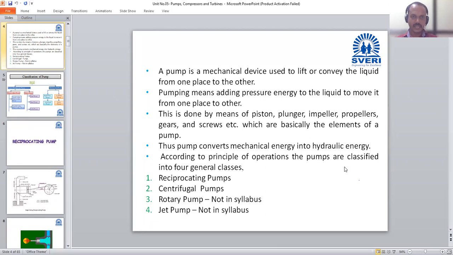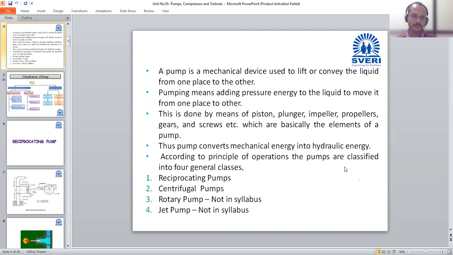A pump is a mechanical device used to lift or convey the liquid from one place to the other. This is the first sentence in the pump. Then the second sentence: pumping means adding pressure energy to the liquid to move from one place to other.